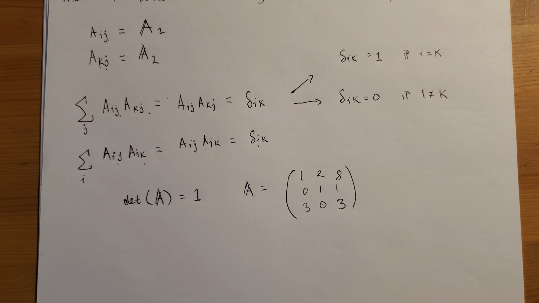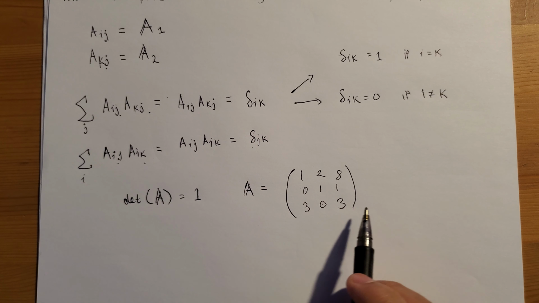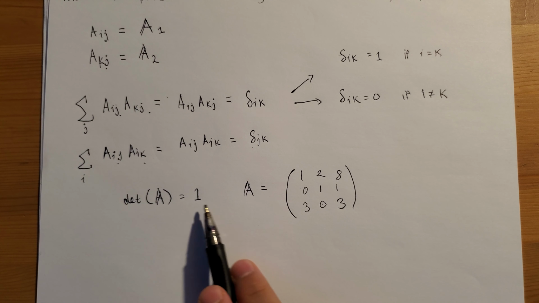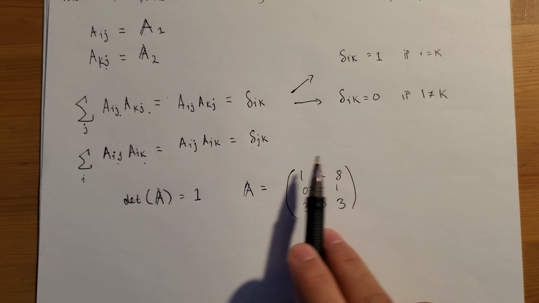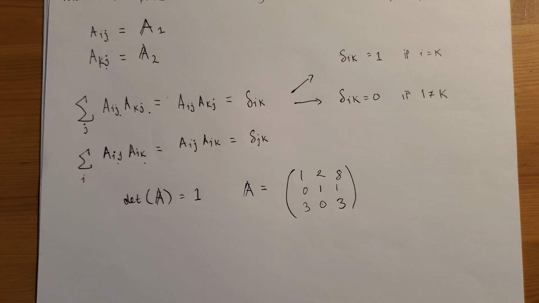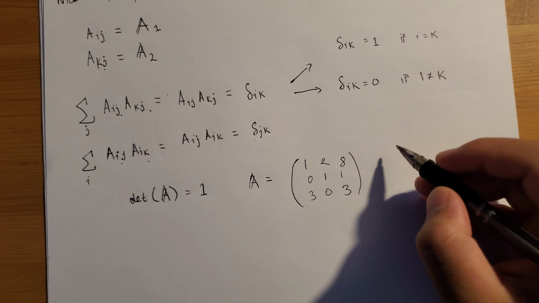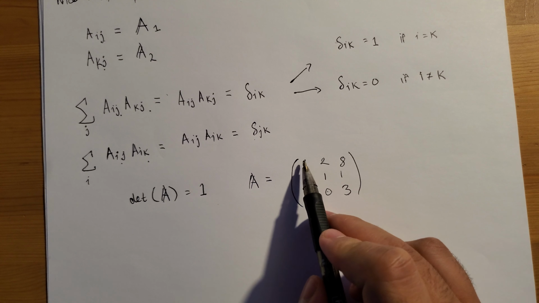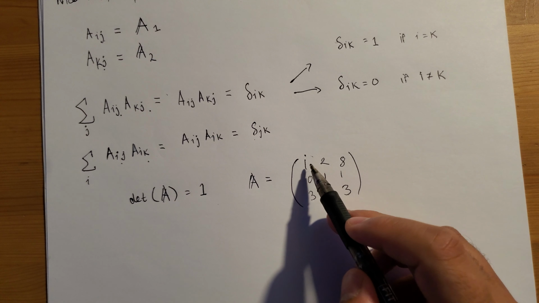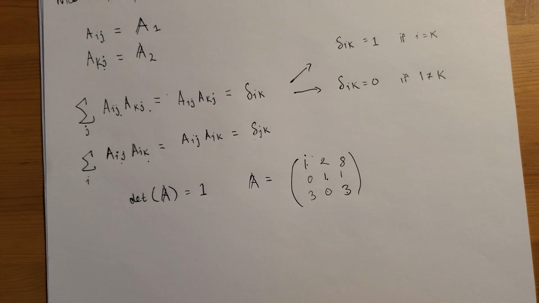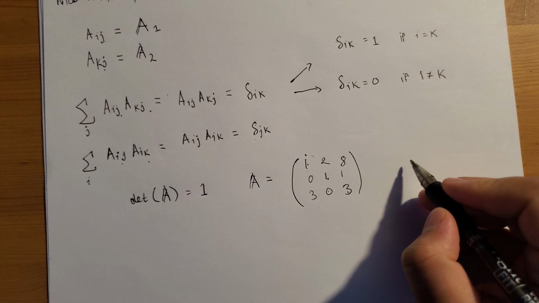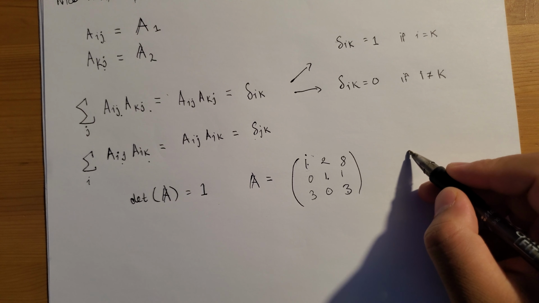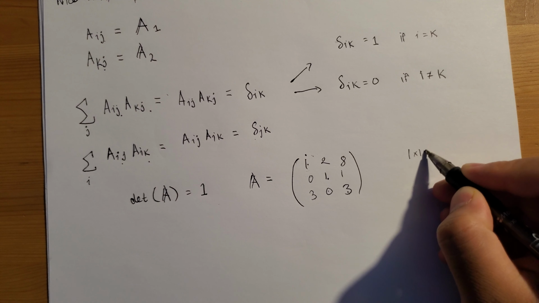This matrix, to find its determinant, right? The determinant may not be 1 in this case, but I'm just showing you how to calculate the determinant. So the determinant will start from the top left and multiply all the way down to the bottom right. So in this case, we have 1 times 1 times 3.